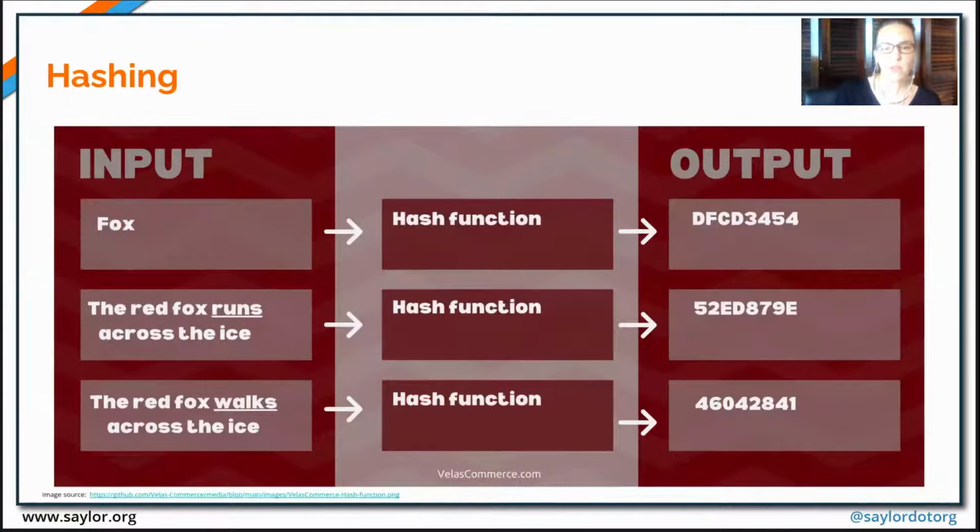All right, so we'll go back to our handy graphic here demonstrating some of the features of hashing algorithms. Now, in the course, we talk a bit about different types of hashing algorithms. Here, we're not going to dive too much into that.